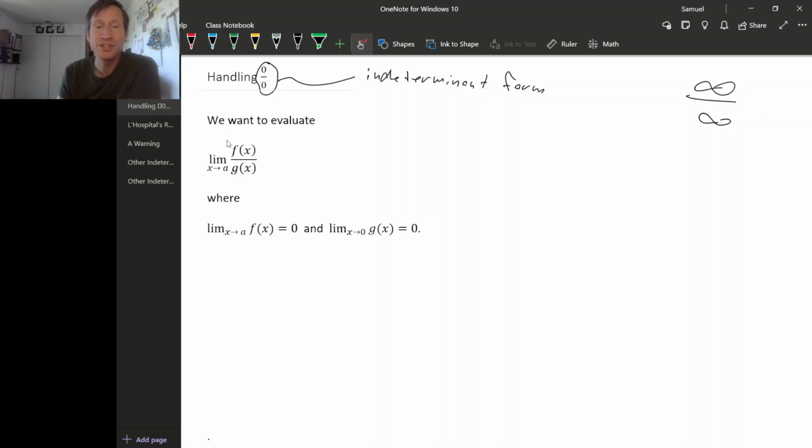So the situation that caused the problem was we were finding a limit at some value, and our limit was a quotient of two functions, and the limit of the function on the top was 0, and the limit of the function on the bottom was also 0. Well, in this case, we can unsimplify this expression to give us a little bit more to work with.